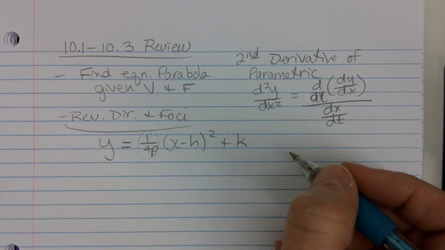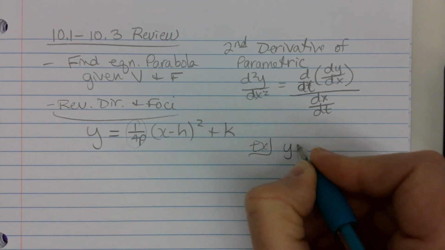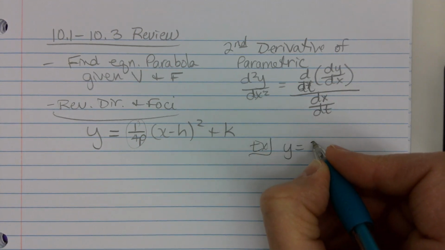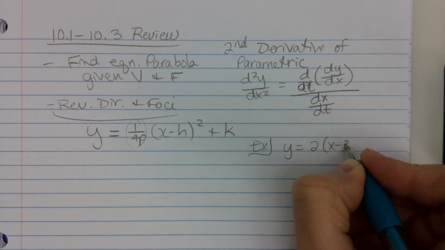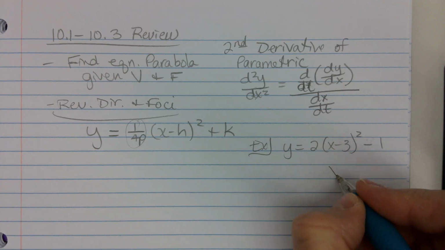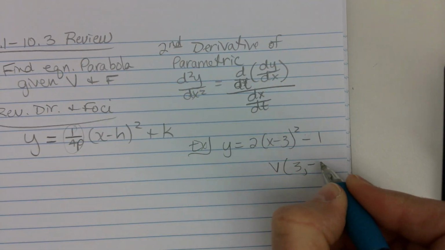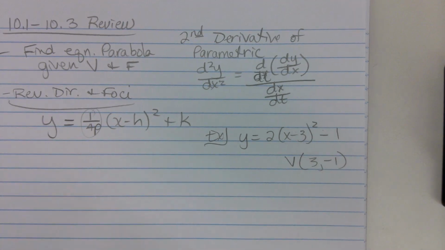So let's say you have y equals 2 times (x minus 3) squared, minus 1. What is the vertex? 3, negative 1. To get the focus, you have to find the p-value, right?